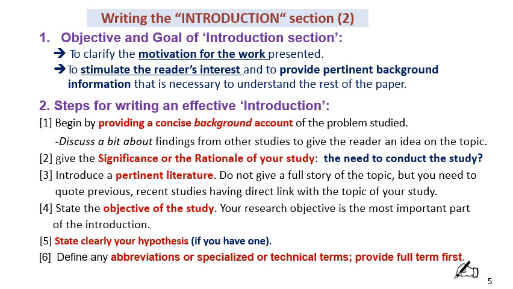State the objective of your study. State clearly your hypothesis. If you have one or two hypotheses, you can provide them. And if you use abbreviations or specialized technical terms, you need to explain them or provide the full terms before providing an abbreviation.